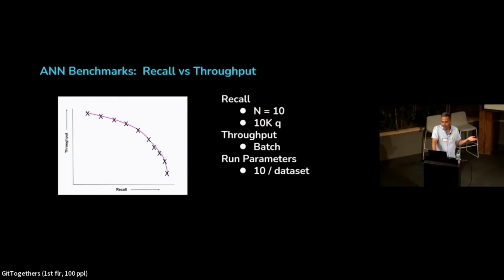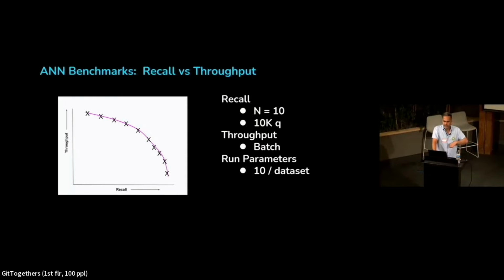And we also gave participants the ability to choose 10 different configuration parameters for their algorithm. I think if any of you have deployed any kind of vector search algorithm, you can parameterize it in specific ways to get just the kind of performance that you want. And so people could submit their algorithm with 10 different configuration parameters.